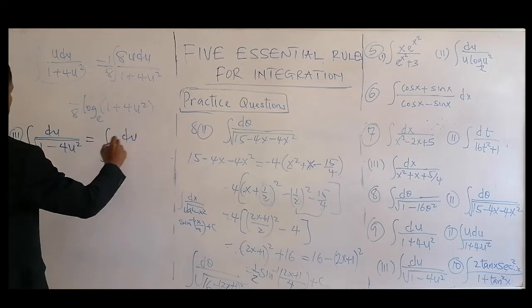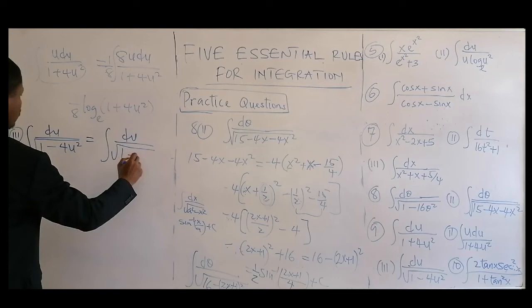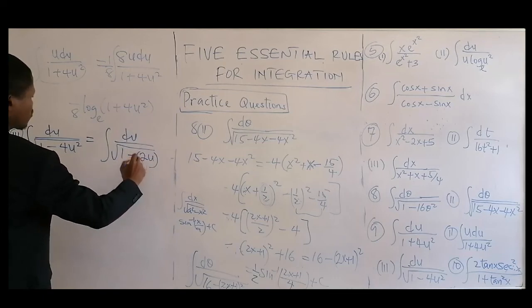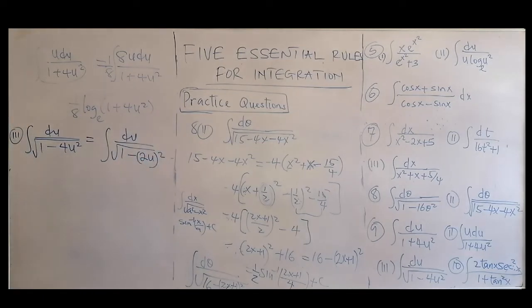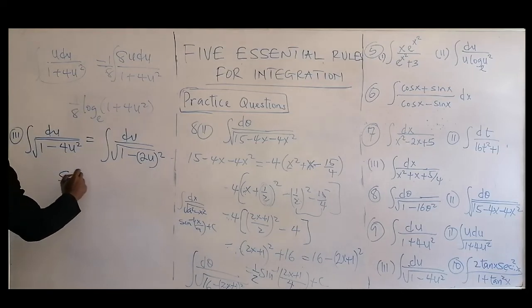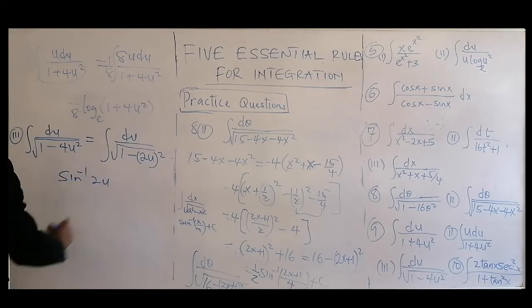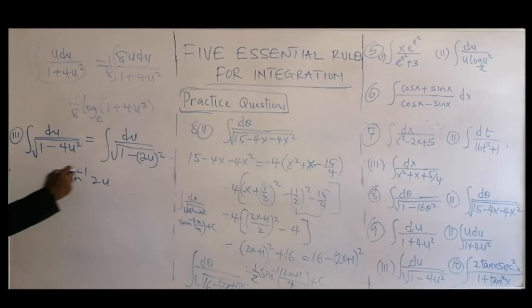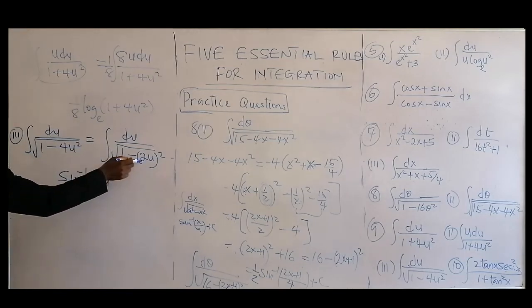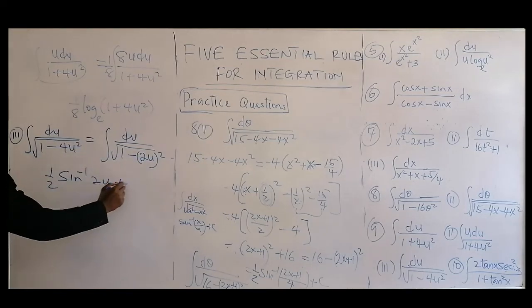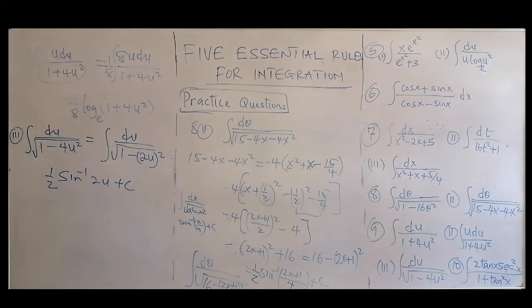This will be the integral of u du over the square root of 1 minus 2u squared, and that will be equal to arc sine of 2u over 1. Then don't forget to divide by the attachment to that u, that's 1 over 2, plus c. That's all.